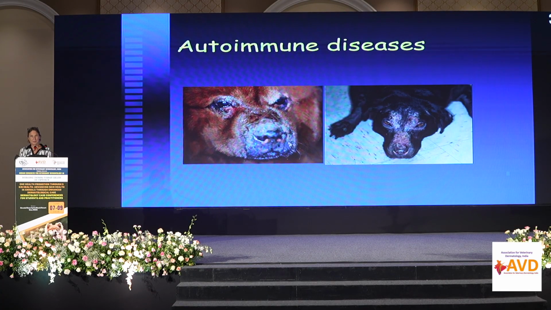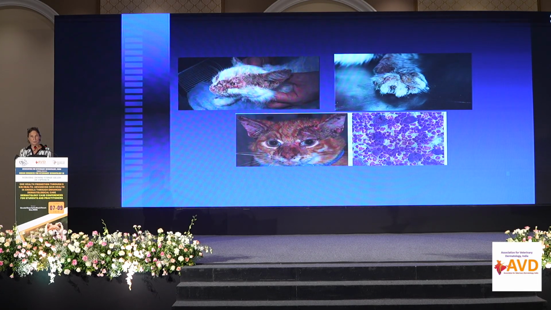We talked about pustular diseases due to follicular issues. Now I'm talking about pustular diseases that are non-follicular, like pemphigus. Again, it's a crusty presentation due to dry pustules that are non-follicular, but autoimmune in origin. Dogs can get it, cats can get it, and your cytology helps you.